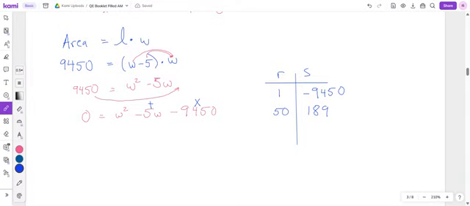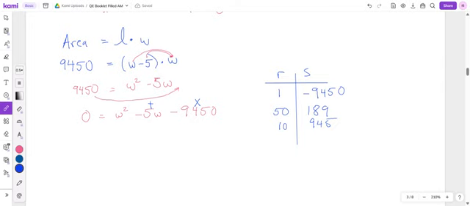No. I need a bigger number. So let's see what other multiples we can find, right? I know that it's going to be 10 times 945, but that's even worse. 9450 divided by 85?